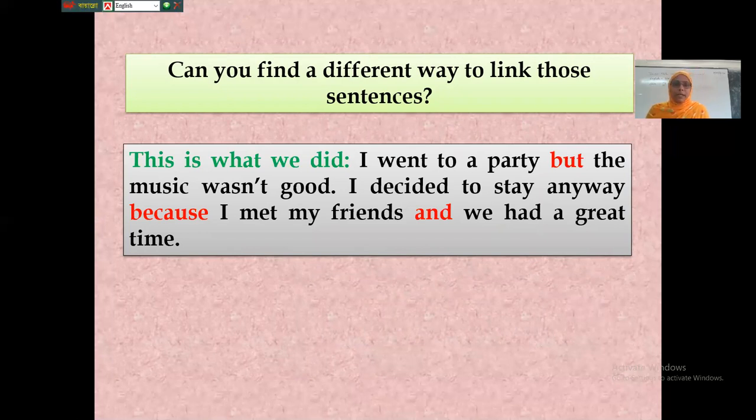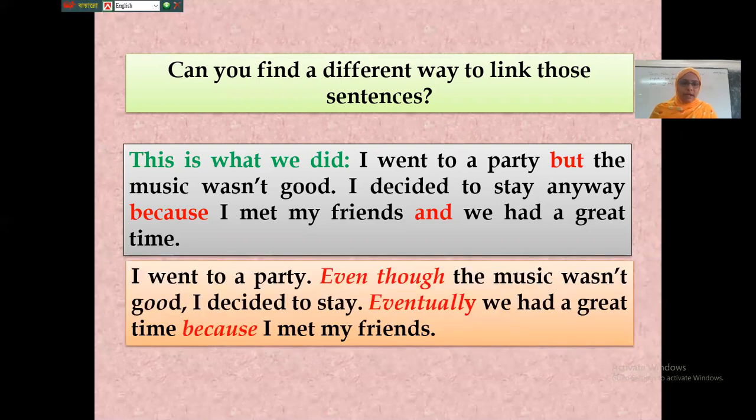I went to a party but the music was not good, I decided to stay anyway because I met my friends and we had a great time. এই সেন্টেন্সগুলো আমরা যে কানেক্টর দিয়ে যুক্ত করেছি, এই সেন্টেন্সগুলোকে আমরা অন্য আরো কিছু কানেক্টর দিয়ে যুক্ত করতে পারবো, যুক্তিযুক্ত অর্থপূর্ণ কানেক্টর দিয়ে। তাই নিচে আমরা আরো কিছু আনসার দিয়ে দিলাম। The students noticed that I went to a party even though the music was not good, I decided to stay. Eventually we had a great time because I met my friends.